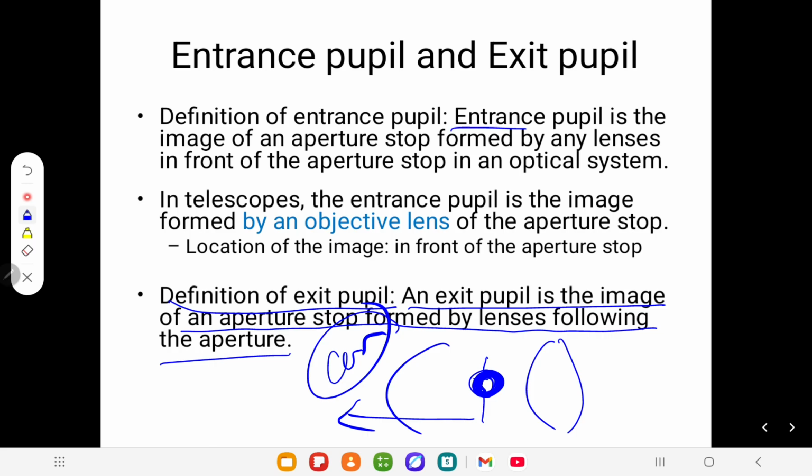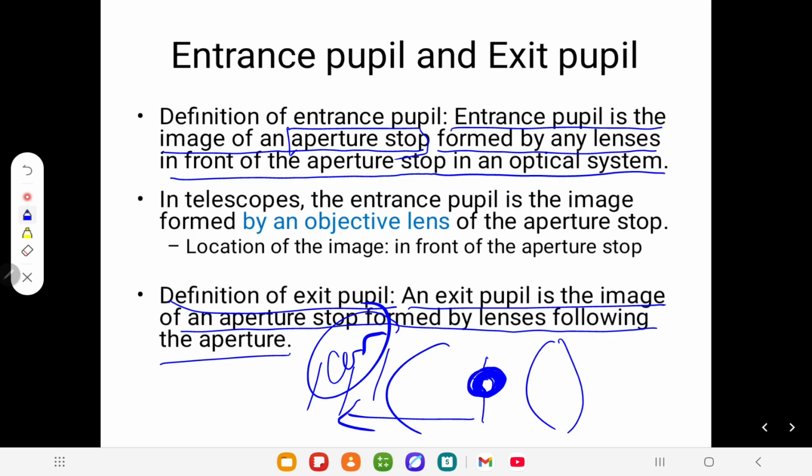See, the entrance pupil is the image of an aperture stop. In the case of our eye, what is the aperture stop? That's our pupil, formed by the lenses in front of the aperture stop of an optical system. It doesn't matter if there are a thousand other lenses, but it should be lenses that are in front of the aperture stop.